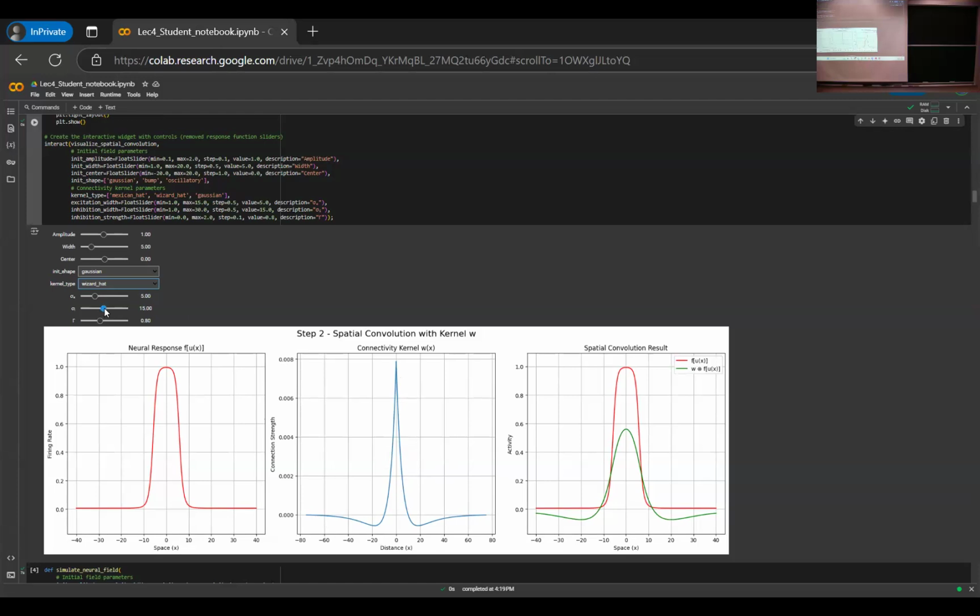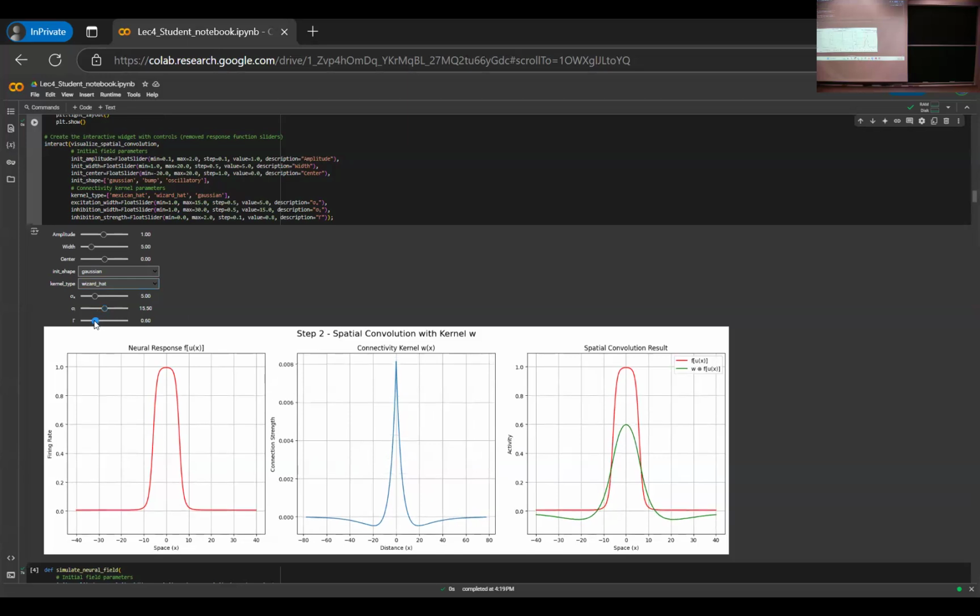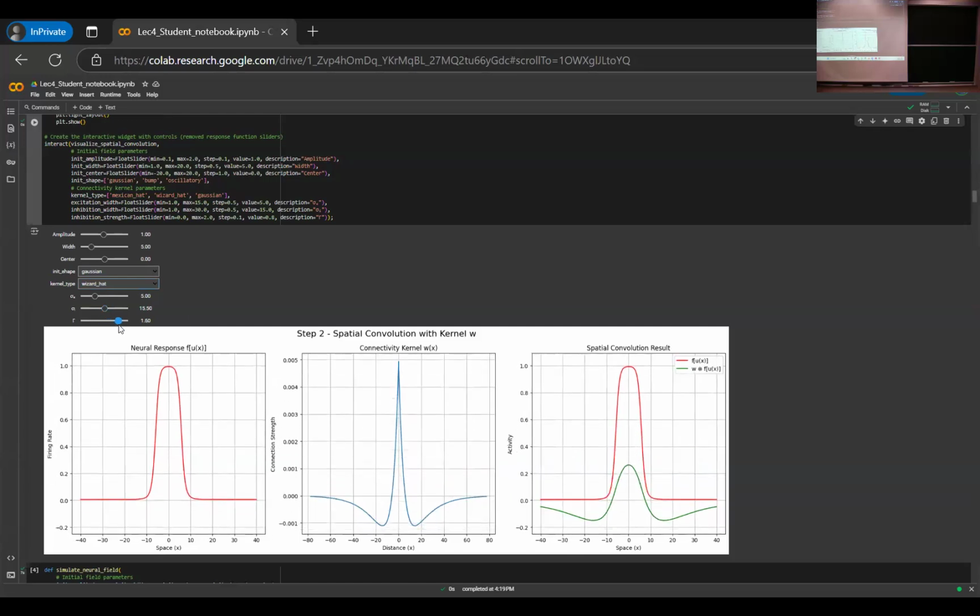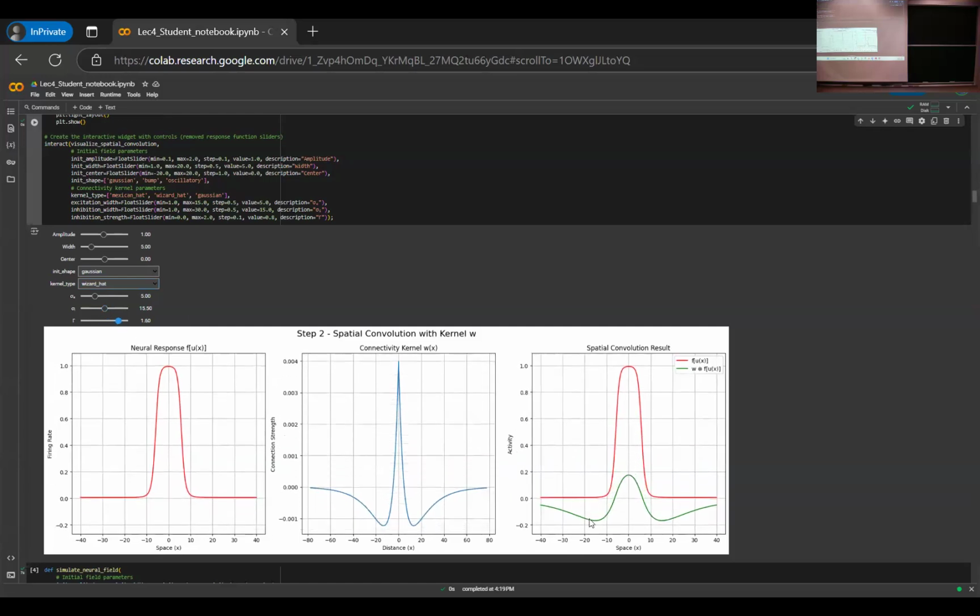For example, if I change the contribution of the excitatory and inhibitory parts, you can see that the shape of the kernel changes. There's also this gamma parameter, which is essentially the inhibition strength. It's a scalar multiplied by the inhibitory factor of the kernel. You can see that if I increase it, it becomes more inhibitory, and the resulting firing pattern shows more inhibition effect.